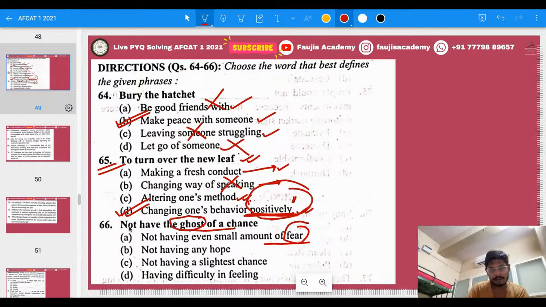So this is not the answer. It cannot be the right answer. Not having any hope, yes, it could be the correct answer. Not having a slightest chance, yes, that is also correct. Having difficulty in feeling, no, there is no difficulty in any of your feeling. So we are boiled down to option B and C.